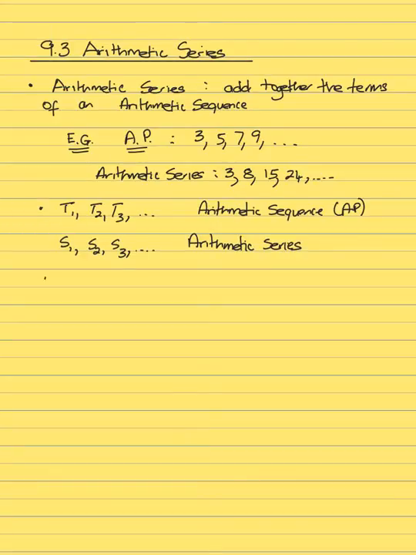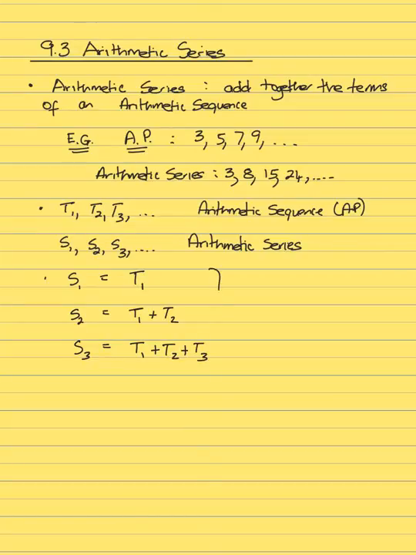Now note that S1, the first term of the arithmetic series, will be the same as the first term of the sequence, T1. S2 would be T1 plus T2. S3 would be T1 plus T2 plus T3.